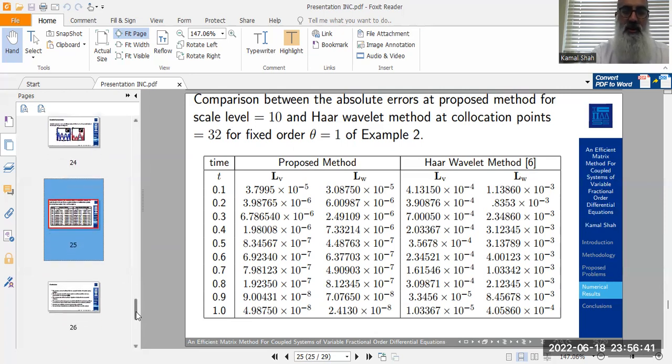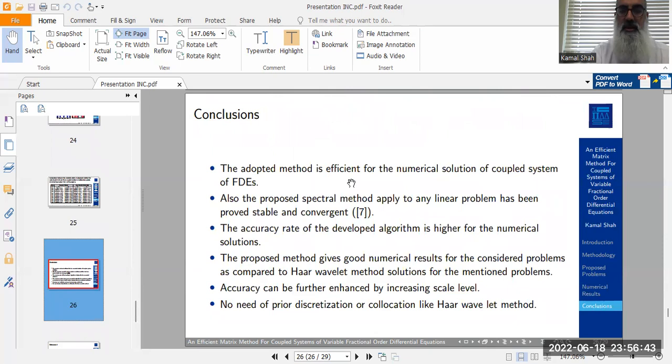Here we conclude with some remarks on our adopted method. Our adopted method is sufficient for the numerical solution of coupled systems of operational differential equations. Also, the proposed spectral method applied to any linear problem is stable, which has been proved in reference 7. The accuracy of the developed algorithm is higher for the numerical solution.